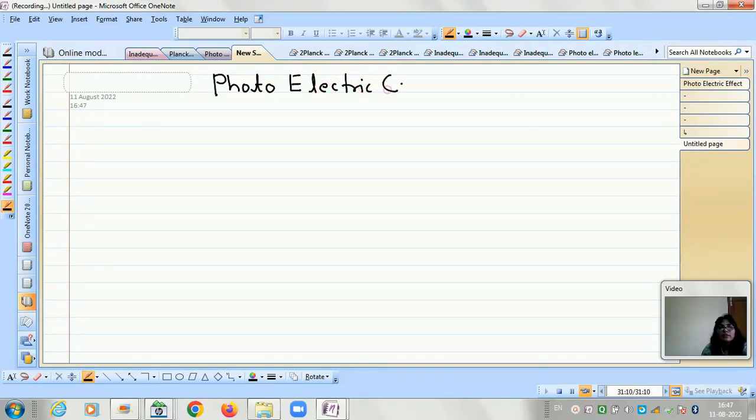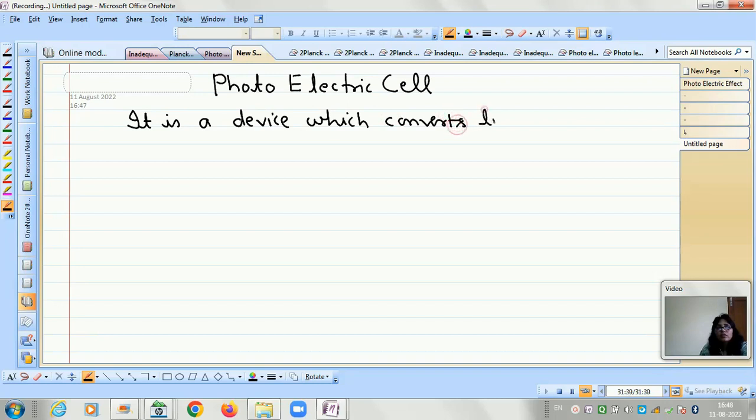Photoelectric cell means it is a device which converts light into electricity. So such a device is known as a photoelectric cell.